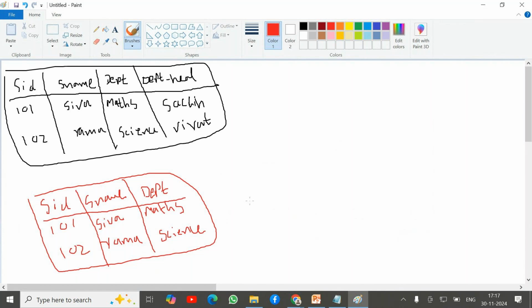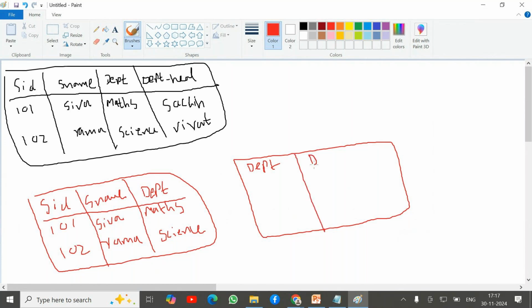This is another table, the department table. Now department and department head. Maths, department head Sachin, and science, department head Virat.